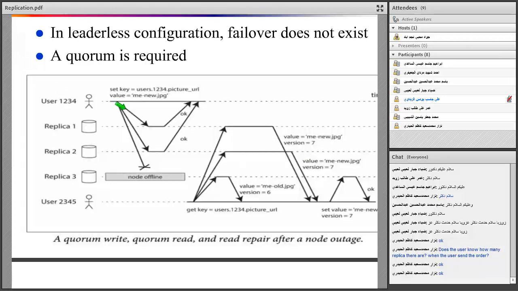Replica 1 and 2, which received the latest image from user 1234, send the latest version, which is 7, to user 2345, but replica 3, which did not receive the latest information from user 1234, sends the previous version to user 2345.